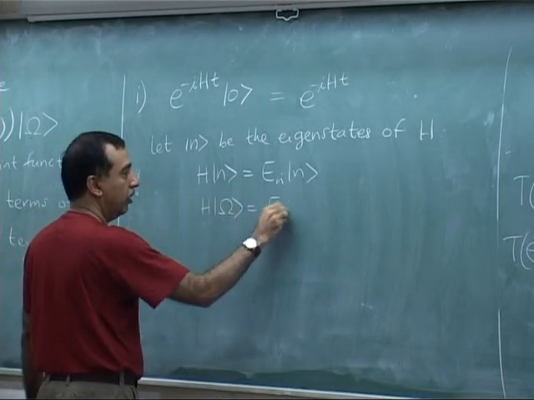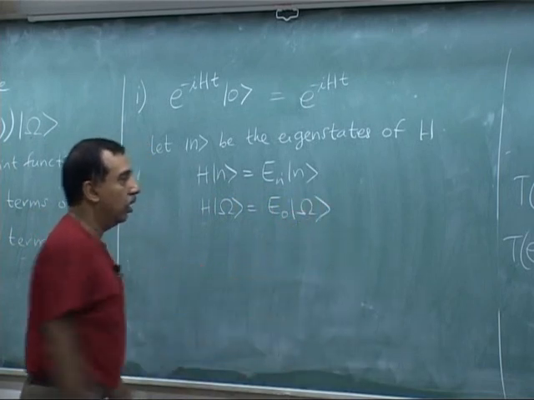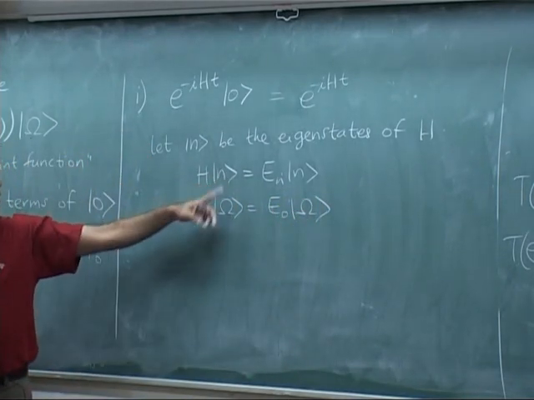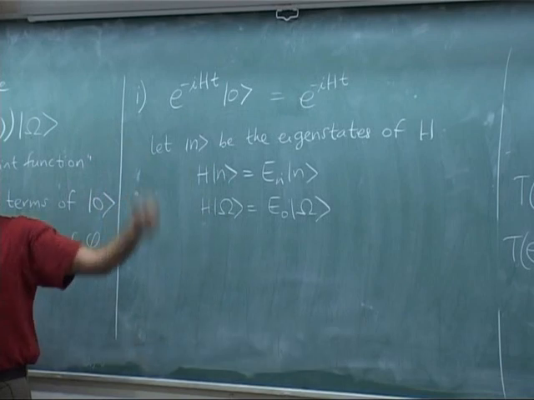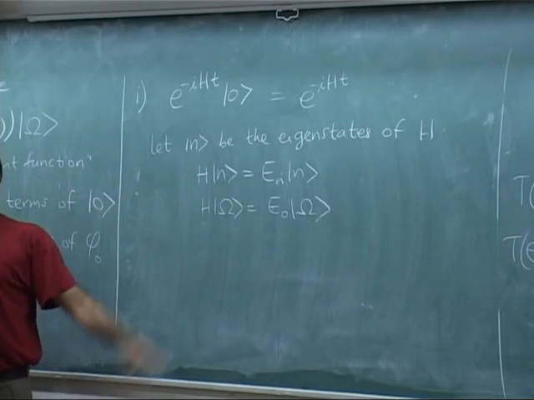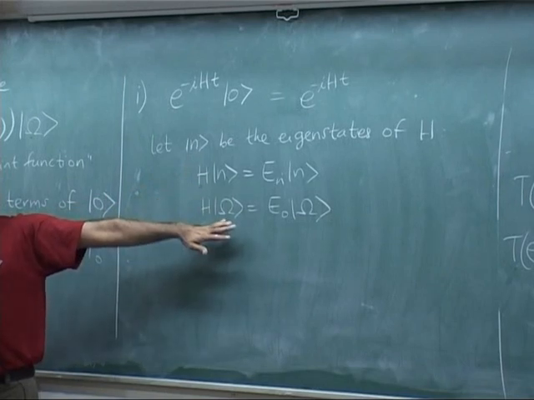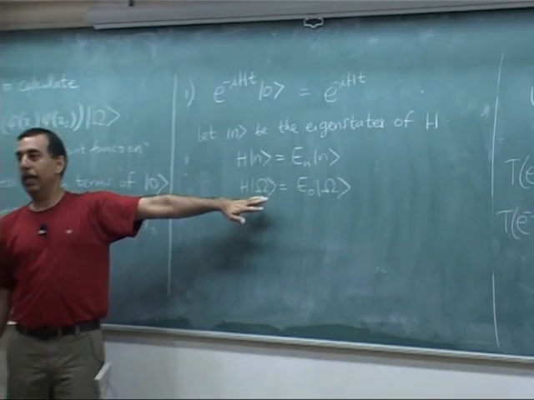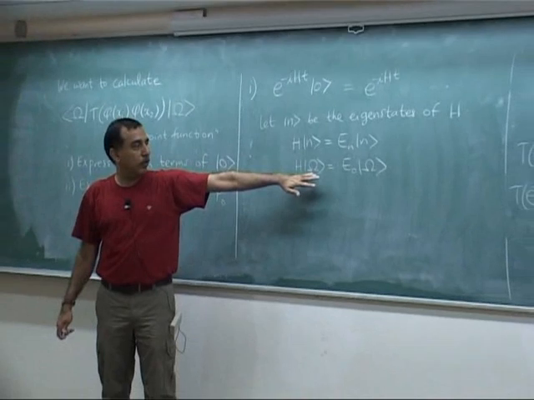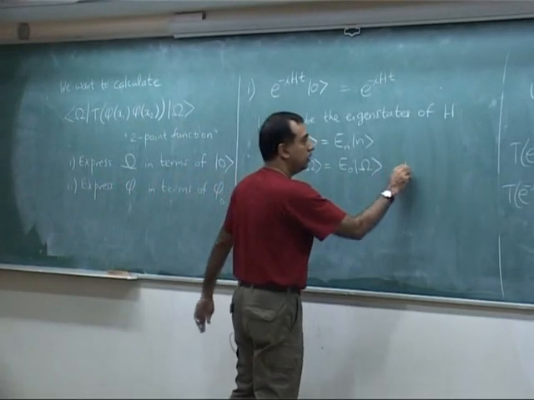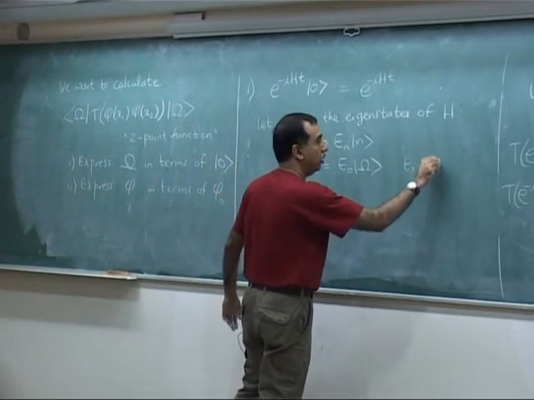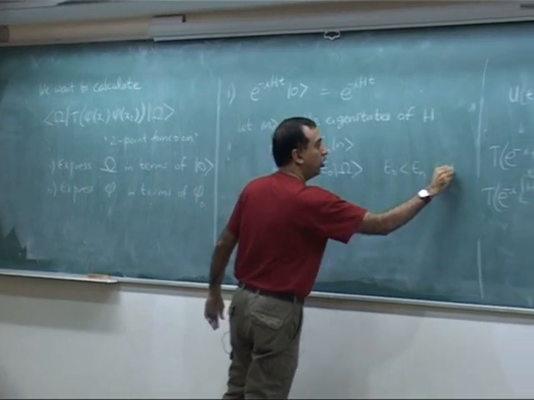This notation might be a little inconsistent, but I hope you will manage. n takes the values, let's say, Ω, and then 1, 2, 3, 4, 5, because we don't want to confuse with the free vacuum. This is the interacting Hamiltonian, so this ground state is the interacting vacuum, and this E0 is therefore less than all the other En for n not equal to 0.